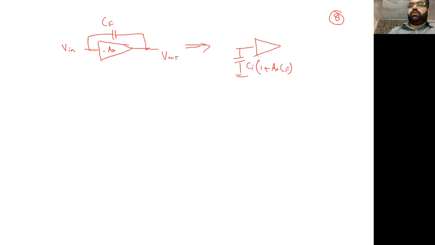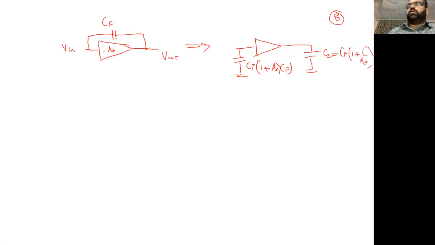So we can write this V in. Whenever there is something in the middle between V in and V out, CF, we can directly map it, and it works, into two capacitances: C1, which is 1 plus A naught times CF, and another capacitance C2, which is equal to CF times 1 plus 1 over A naught.